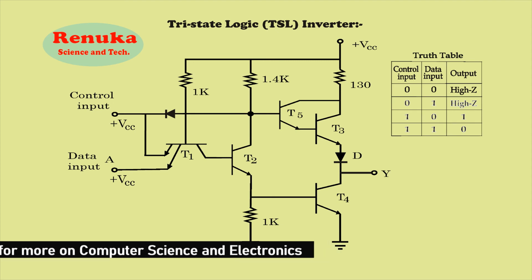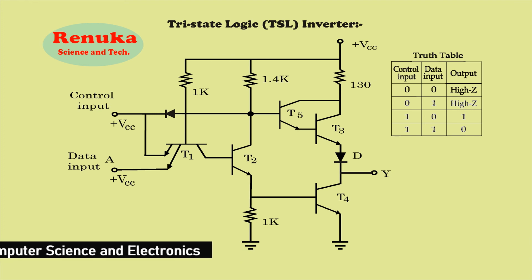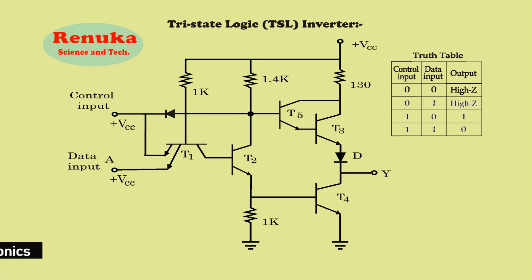Control input is connected to logic 1, that means the drive is removed right now. So T5 can be turned on or turned off depending on the collector condition of T2. Data input is right now connected to plus VCC. That means both the emitters of transistor T1 are connected to plus VCC.